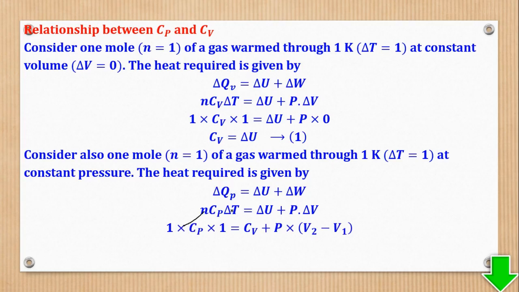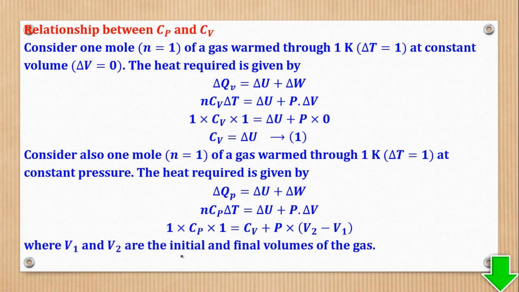V1 and V2 are the initial and final volumes. So when I put it inside, I come up with PV2 minus PV1, and for this one I remain with only Cp. And this one, we already saw that delta U is equal to Cv, so I substitute for delta U here to come up with this.